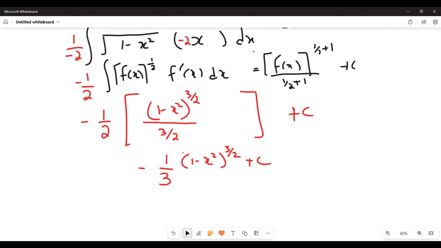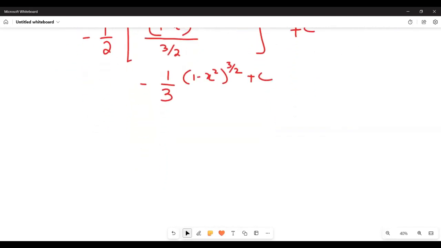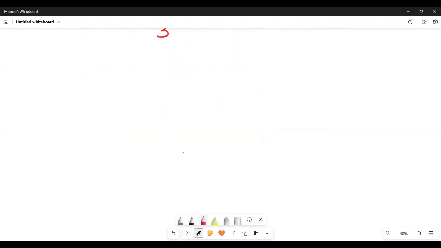Another one. Integrate 1 upon (3x plus 2) power 2 dx. That's the linear function.